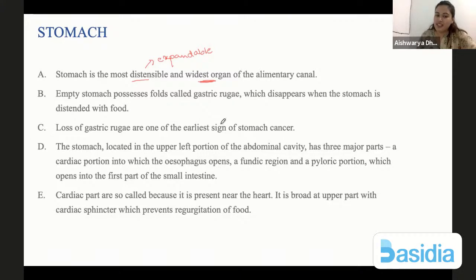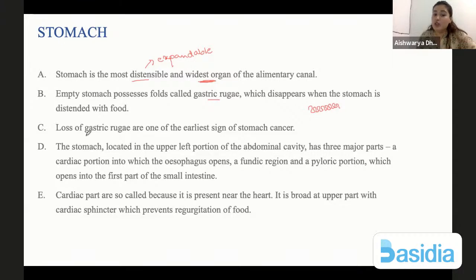Another thing is that how it can expand is because of the presence of gastric rugae. So gastric rugae are nothing but infolds in the stomach. Okay, whenever food is coming in, these infolds will open up and create place for the food and allow the stomach to expand.